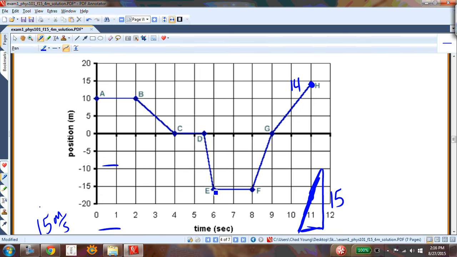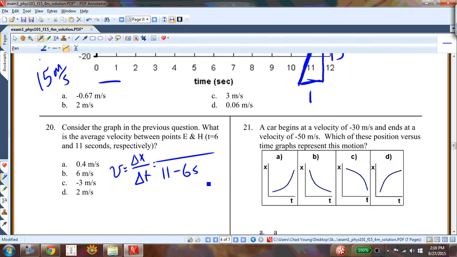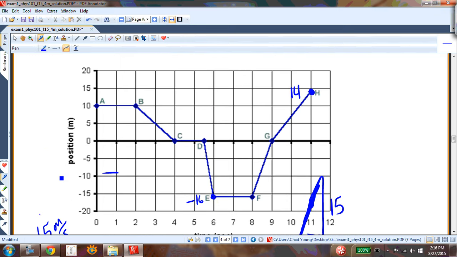E is negative 16, so it's going to be 14 minus a negative 16. 14 minus negative 16 is 30. 11 minus 6 is 5. So 6 meters per second. Let's double check, it should be positive, right? Yeah, I'm looking for the slope of this line, and that is a positive slope.